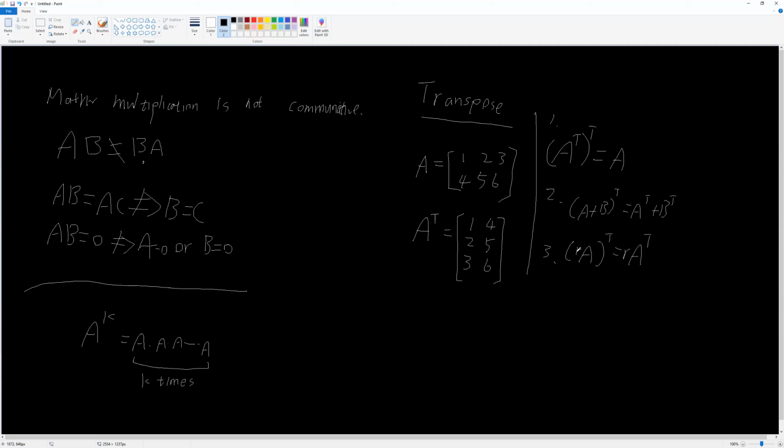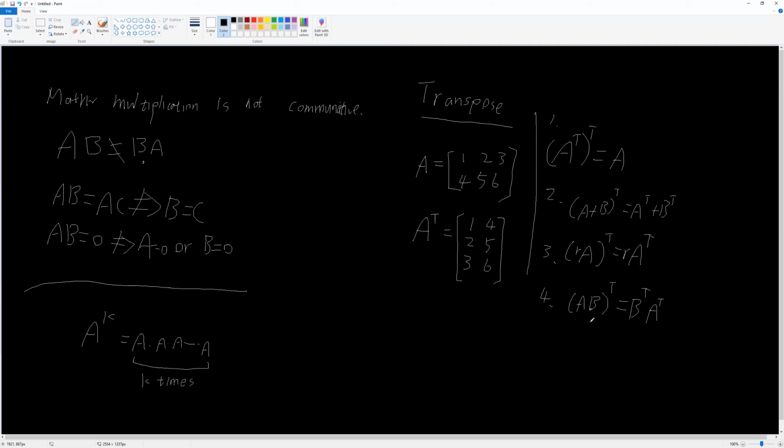So here, what we're doing is we're multiplying the scalar R with the matrix A first, and then taking the transpose, which is the same thing as transposing A first, and then multiplying by the scalar R. Or the transpose of AB is equal to B transpose times A transpose.